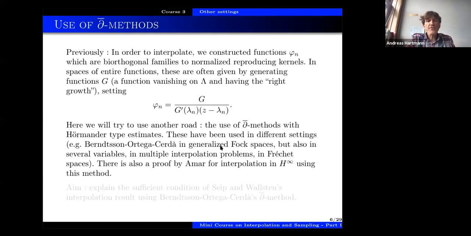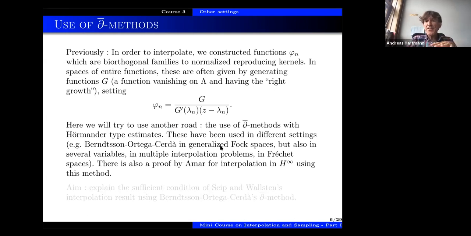Here we will try to use another road, and we want to use the d-bar methods. In particular, I will use the method presented in the Berndtsson-Ortega-Cerdà paper, but I will just apply it to this very simple case where the weight is e to the minus |z| squared, so the subharmonic function phi is |z| squared.